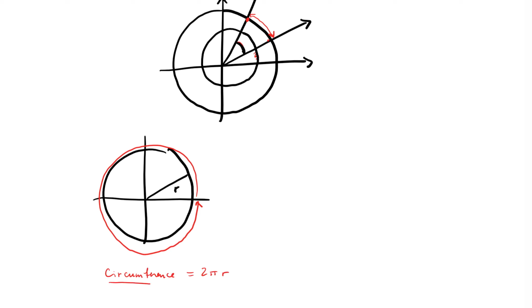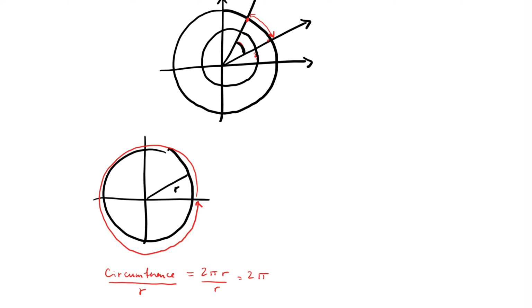Remember, I want to divide this by r so that the measurement will be the same no matter which circle I choose, independently of the radius. So if I divide by r, notice that I get this nice constant that's independent of r. That will be the measurement of a 360 degree rotation.